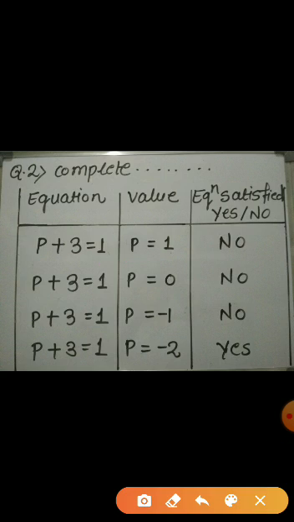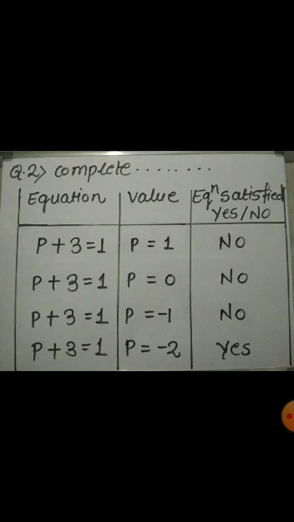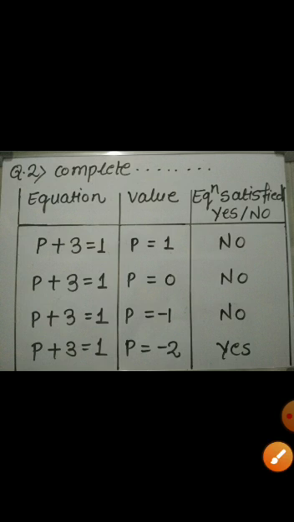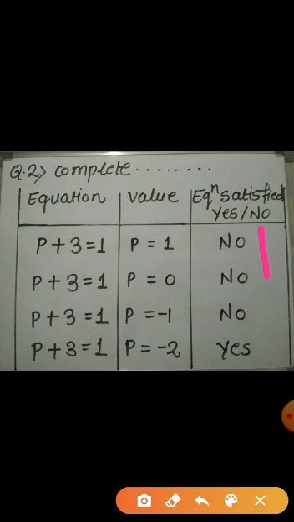In the next, you are given p equal to 0. If you substitute p equal to 0, what will we get? 0 plus 3, 3, not 1. In the third, the value of p is given as minus 1. And minus 1 plus 3, 2, not 1. Hence, here I have written no in the first 3.